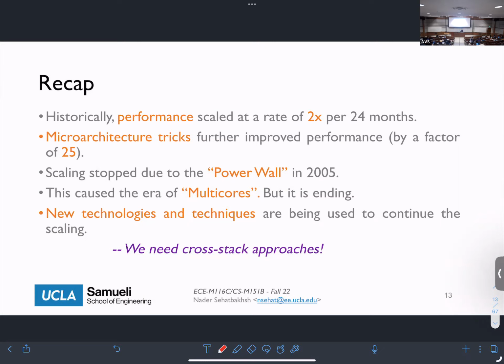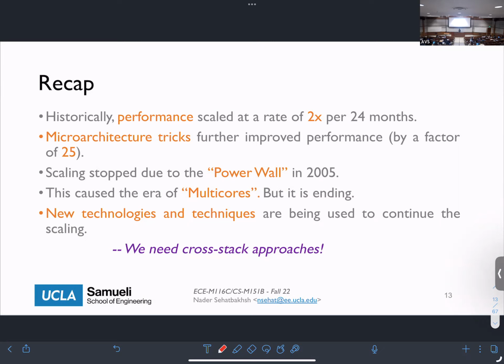There were some challenges with multi-core systems, but correct implementation of hardware and software will help us to fix that. And we are at the point where those tricks are ending, and we need to look for new techniques. The three that I described are more than Moore, and beyond CMOS. And these are basically where we are right now and where we're going in the future.